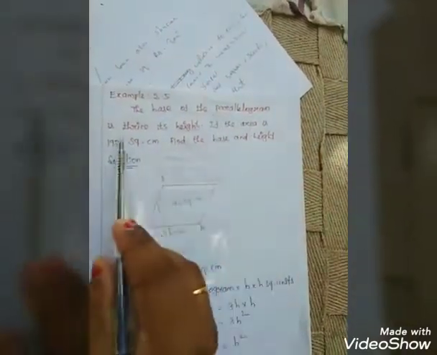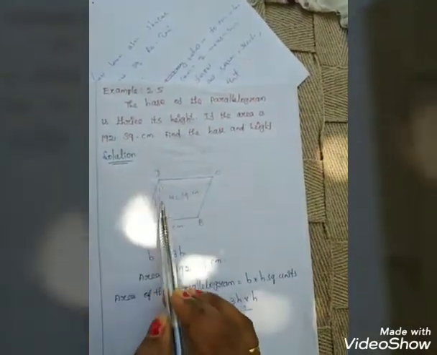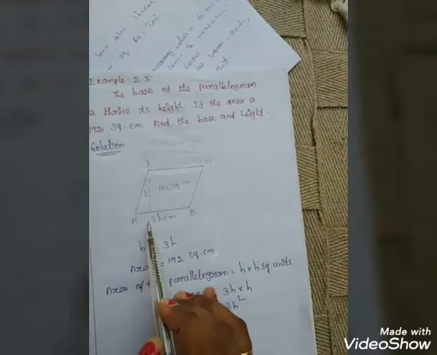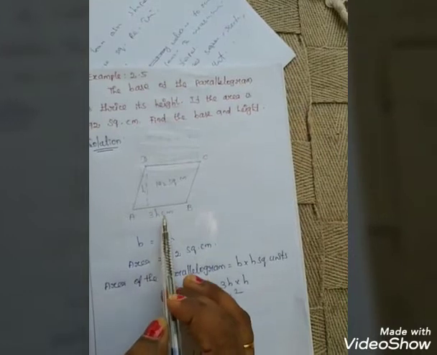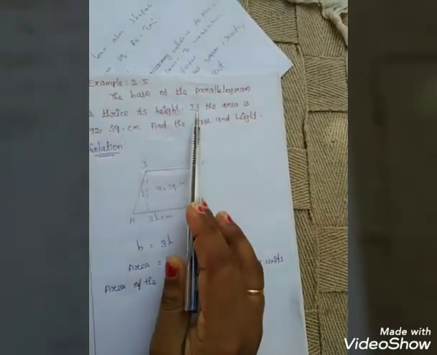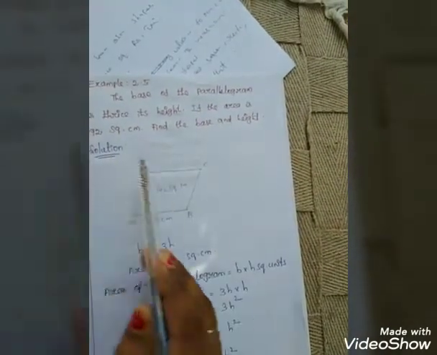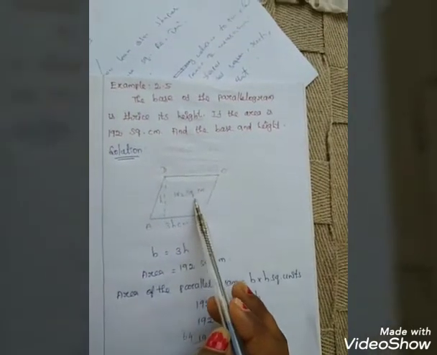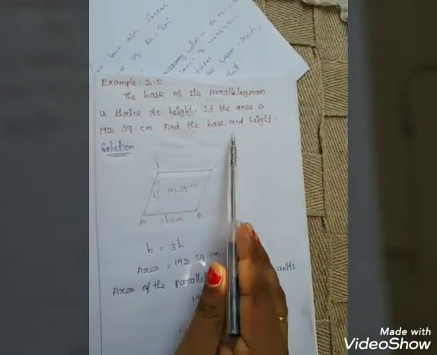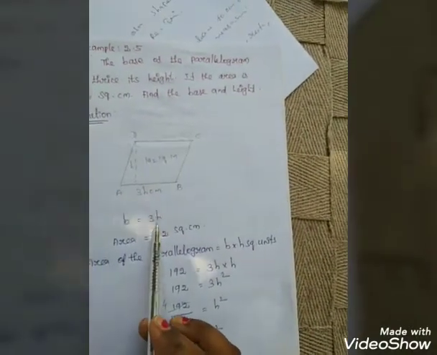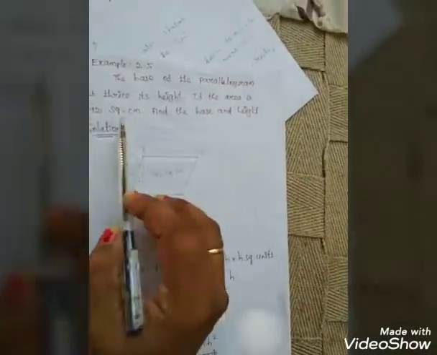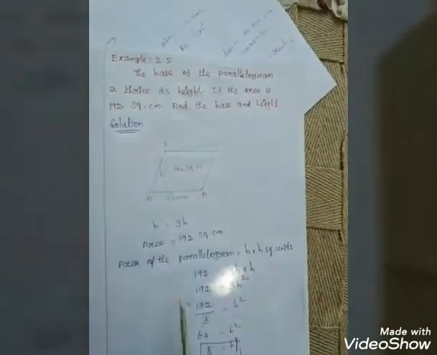The base of the parallelogram is thrice its height, which means the base is 3h, they are saying, okay? If the area is 192 square centimeter, find the base and the height. So base is equal to 3h, area is equal to 192 square centimeter.